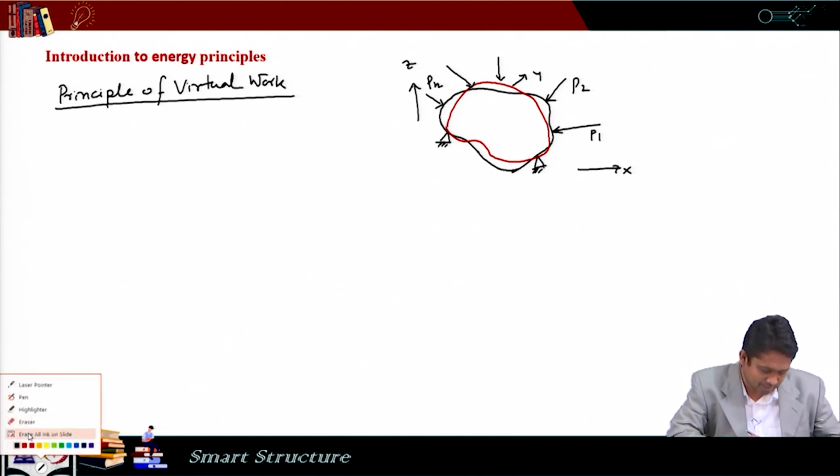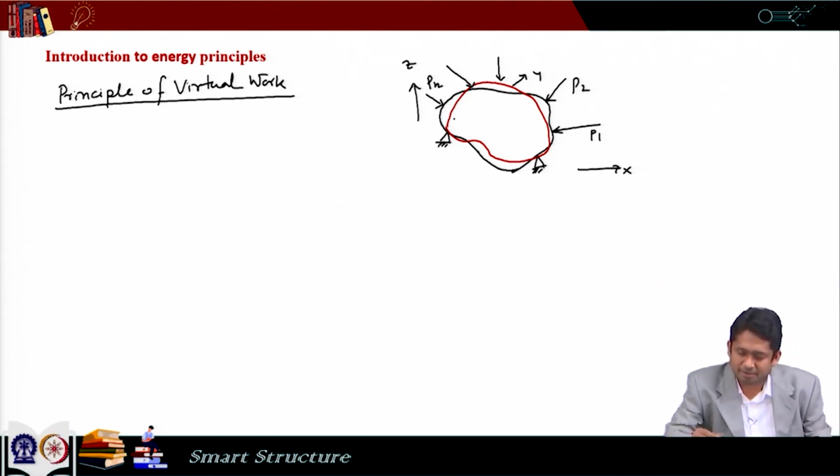Now, let us say that we give some perturbation to this deformed shape, and suppose the dotted black lines show the perturbation.